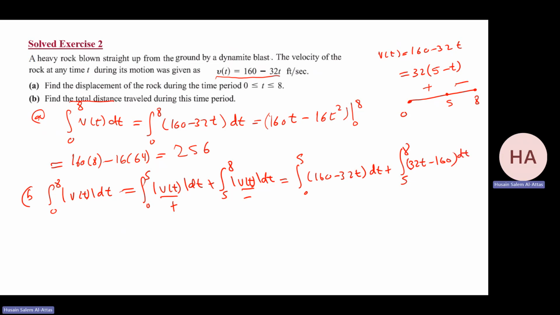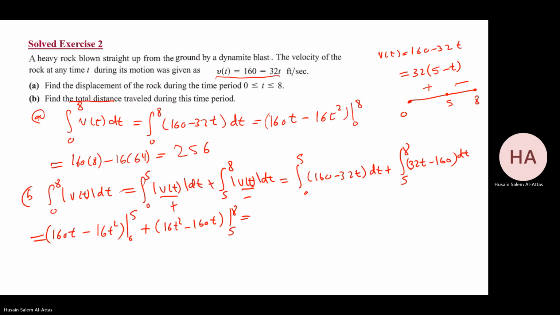Do the integral: 160t minus 32, which is 16 t squared, from 0 to 5, plus the other way, 16 t squared minus 160t from 5 to 8.